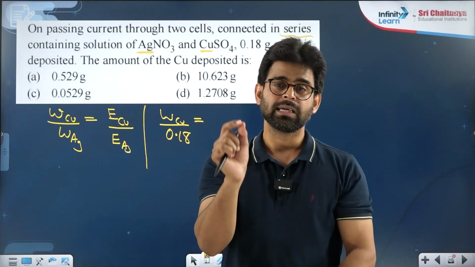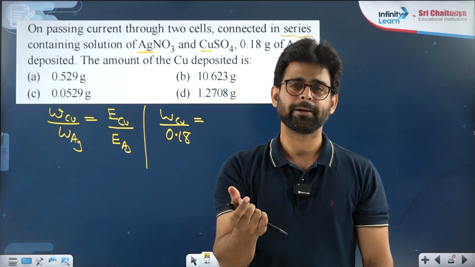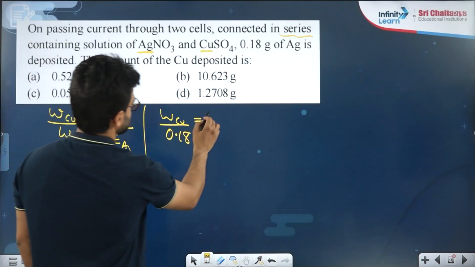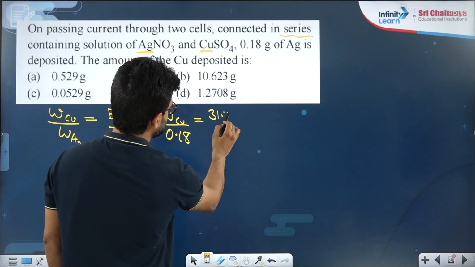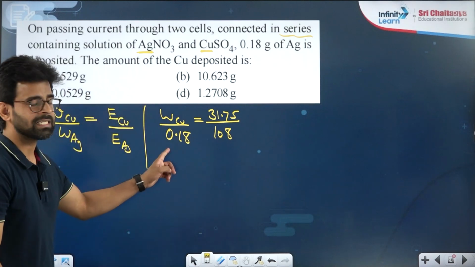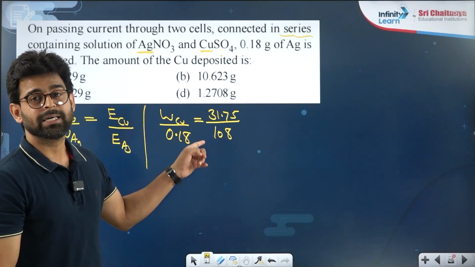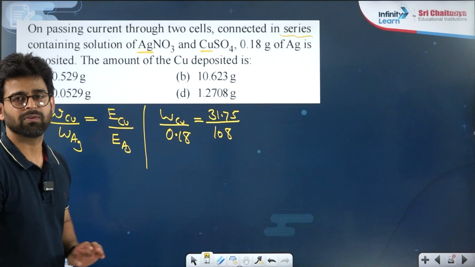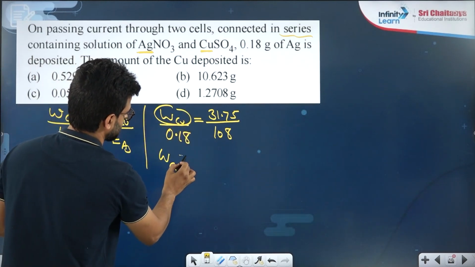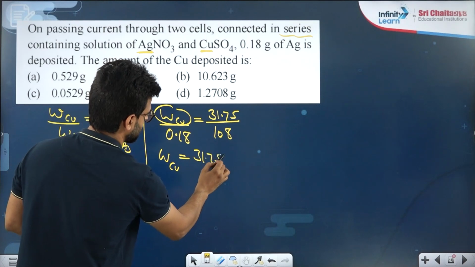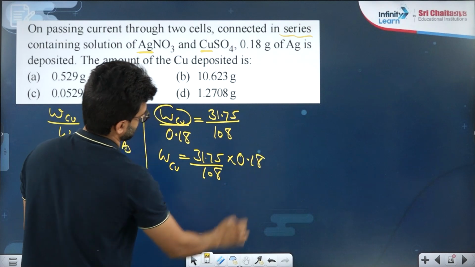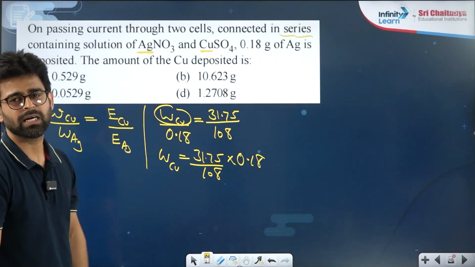So N factor 2, 63.5 is the molar weight divided by 2. So 31.75 you can say. 31.75 is the equivalent weight of copper divided by 108. 108 is the equivalent weight of silver, right? So from here easily we can find the weight of copper. So from here you see 31.75 divided by 108 and into 0.18, fine. So you can get your answer easily from here.